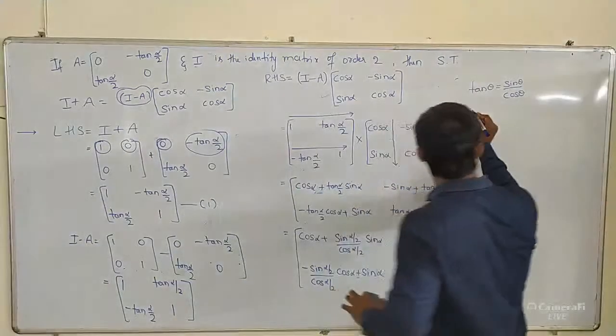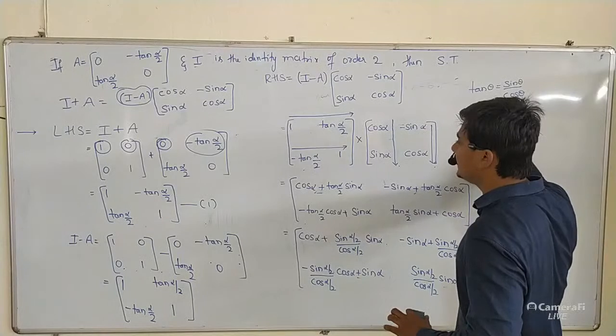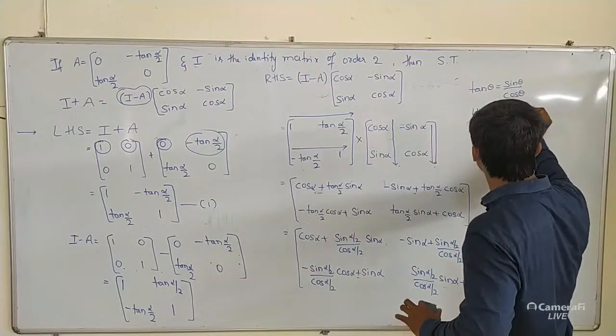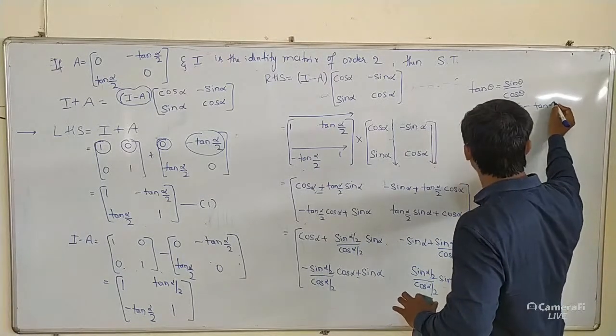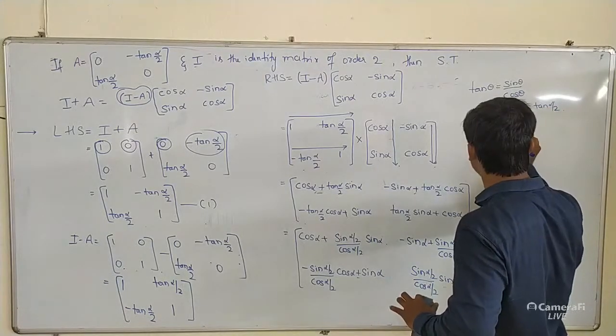So I will write down the LHS here, because finally I need to conclude that LHS is equal to RHS by comparing them. For reference I am keeping the LHS here.